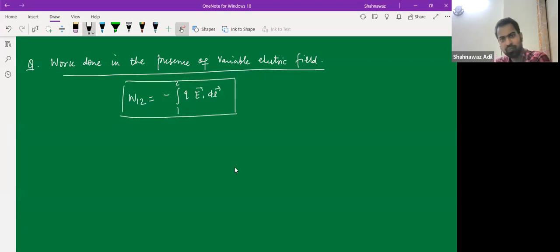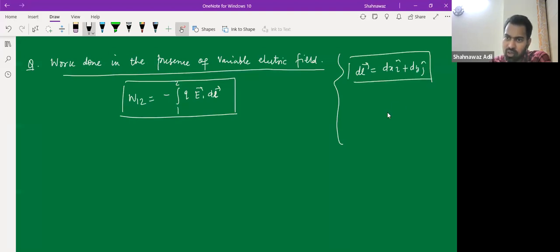Right, guys? This is called the length element, and if we are moving in 2 dimensions, dl would be dx i plus dy j. Just remember this. Whenever we are moving in 2 dimensions, this would be dx, and this would be dy.